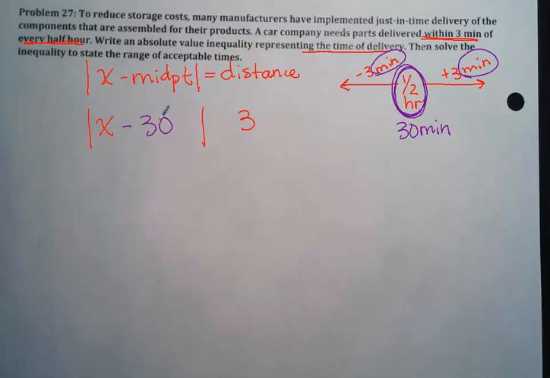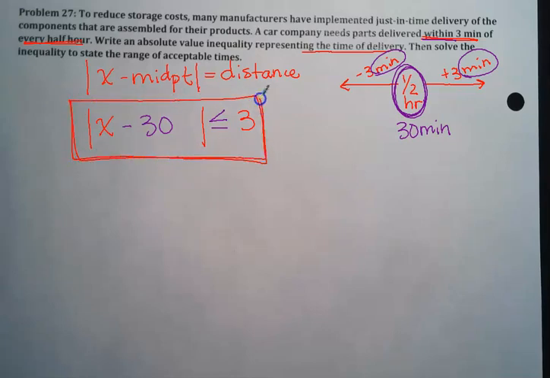Again, let's go back. The car company needs parts delivered within 3 minutes. So more than 3 minutes, less than 3 minutes. It's going to have to be less than or equal to 3 minutes if it's within 3 minutes. So you just wrote the inequality.